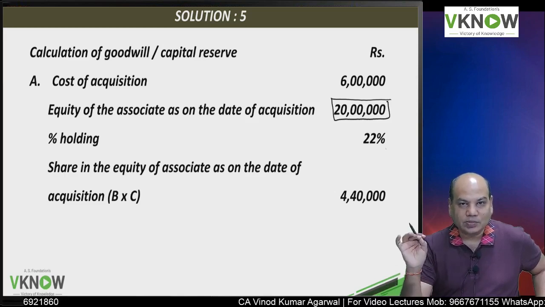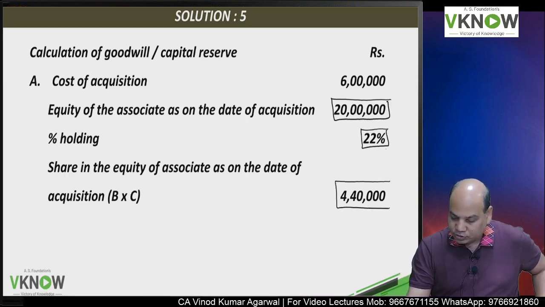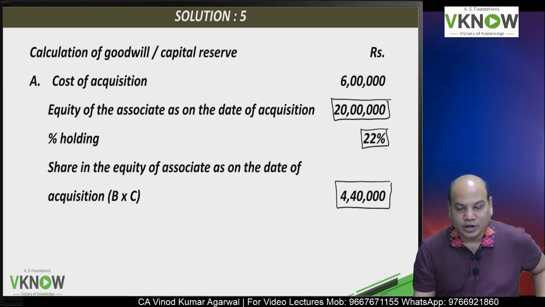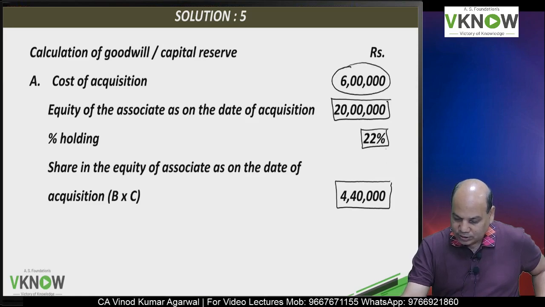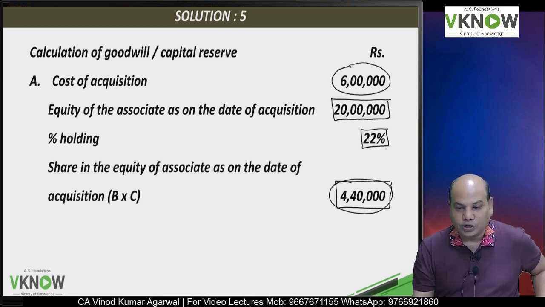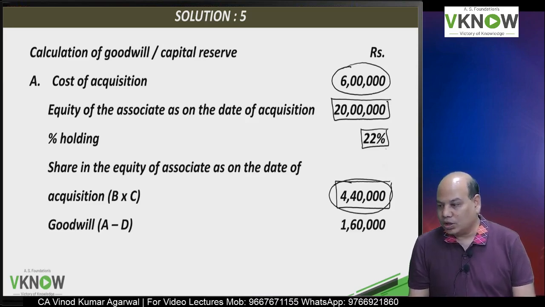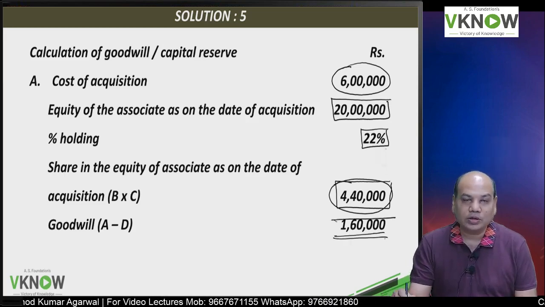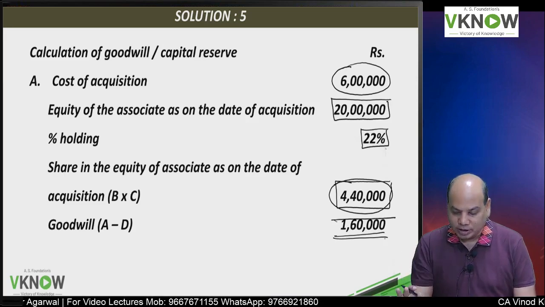So the net asset will be equal to 20 lakh. You have acquired 22% share. Share in net asset of the associate on the date of acquisition is 4,40,000. Compare 6 lakh with 4,40,000 and you will get goodwill equal to 1,60,000. So we have to identify goodwill on the date of acquisition and disclose it separately.